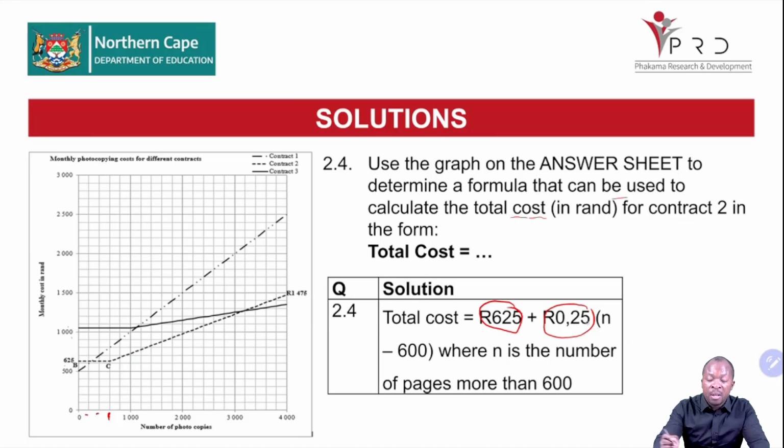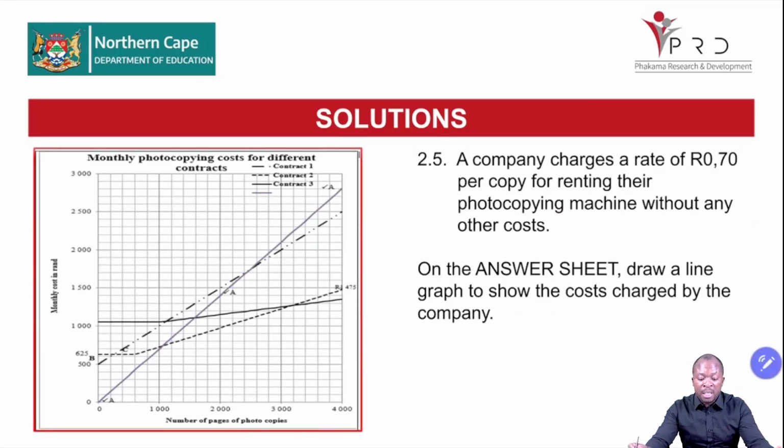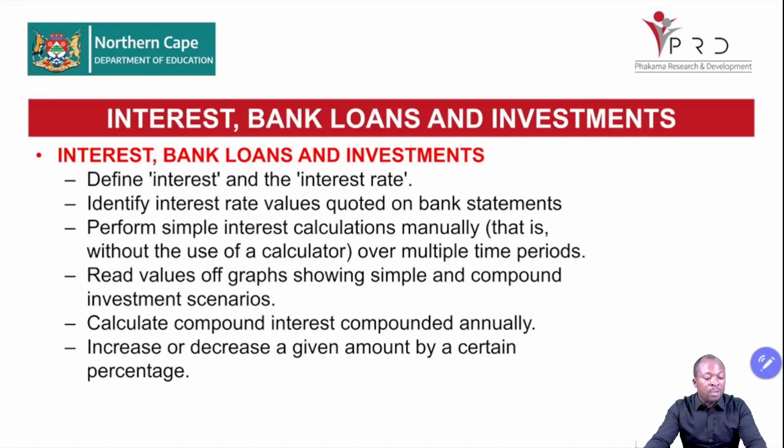So they charge us 25 cents times the number of copies above 600. If you're able to write this formula, then you are given 2 marks or 3 marks, or sometimes even more than that. Remember, they did ask you to draw your own graph. So for you to draw your own graph, you plot the values that have been given to you and then you get your full marks.